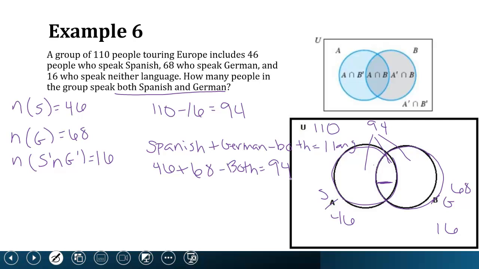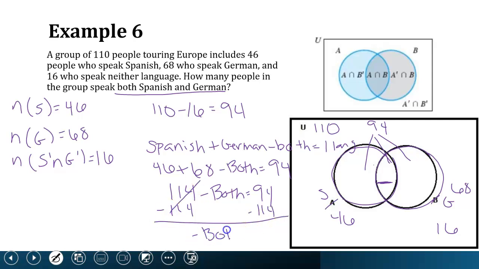So now let's solve. 46 plus 68 is 114, minus the both. Move your 114 over to get the both by itself, and you can substitute an X or a Y; you don't have to use both. So that will be negative 20.